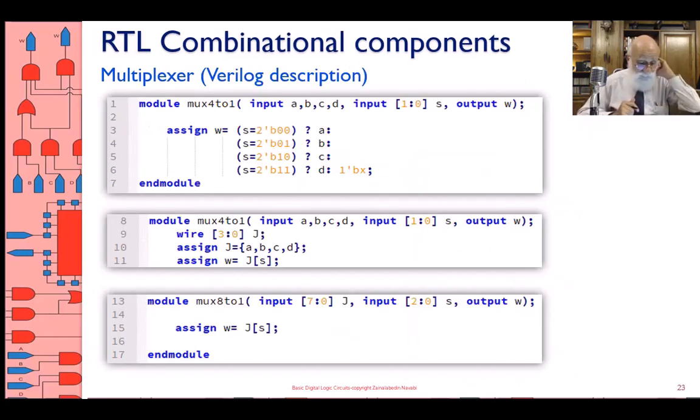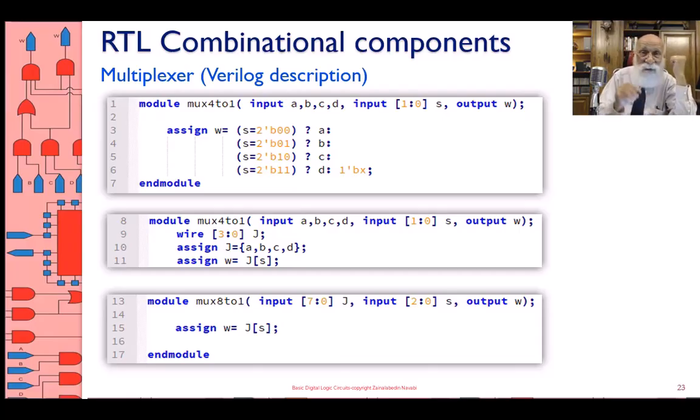These are the various forms for doing the Verilog description of them. Okay, let's do the first one. The first one says use an assign W, which is a single bit, is either A or B or C or D, or if none of them, is an X. That means something bad is happening.